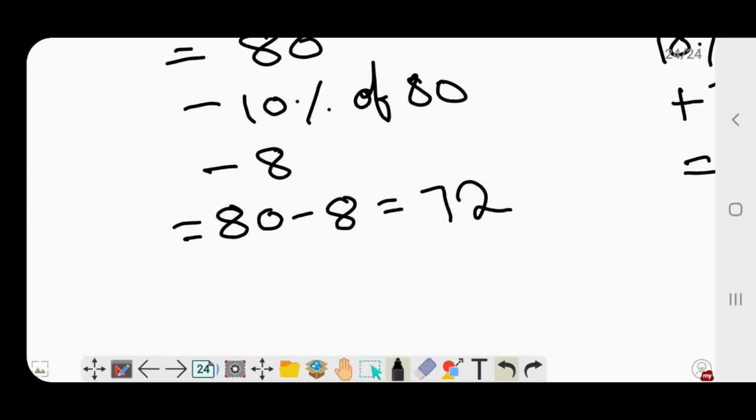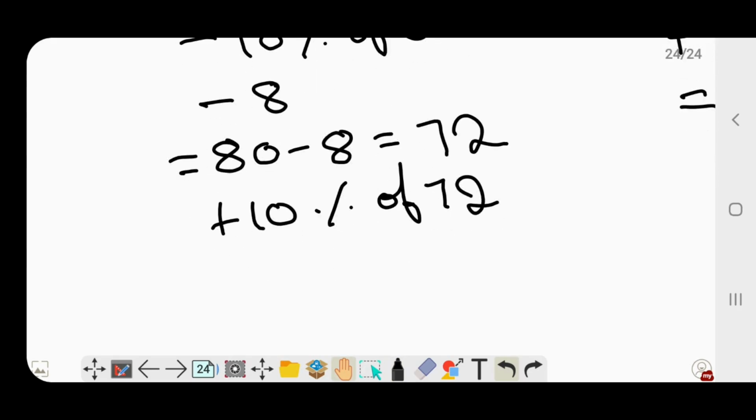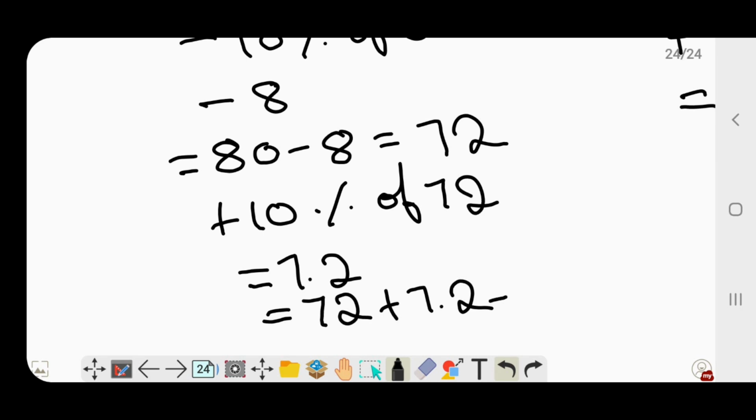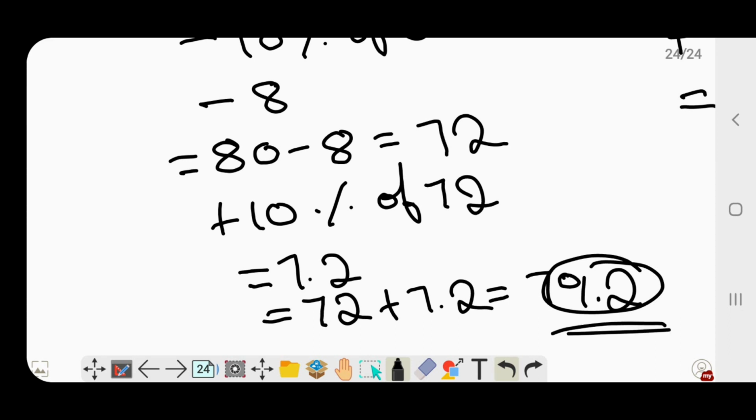And then I pay a service tax of 10%, plus 10% of 72, which is equivalent to 7.2. So 72 plus 7.2 is the same as last time. I pay 79.2 rupees. So there's no change.